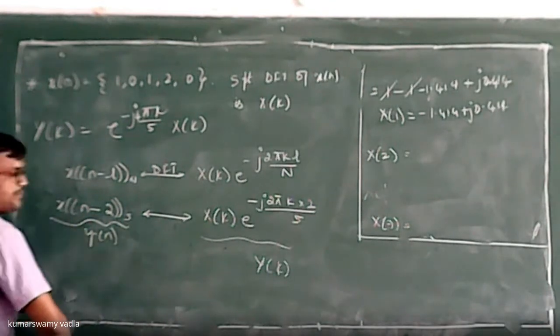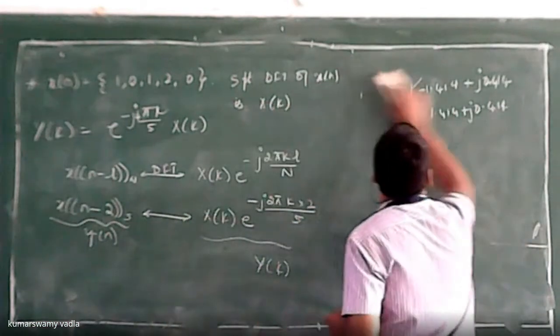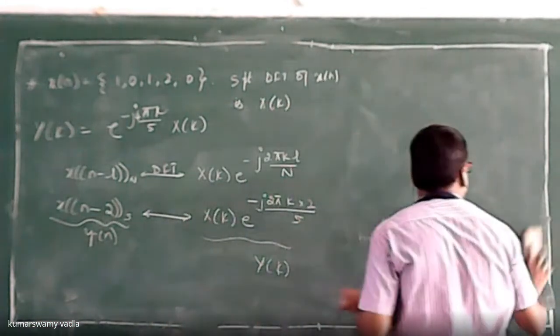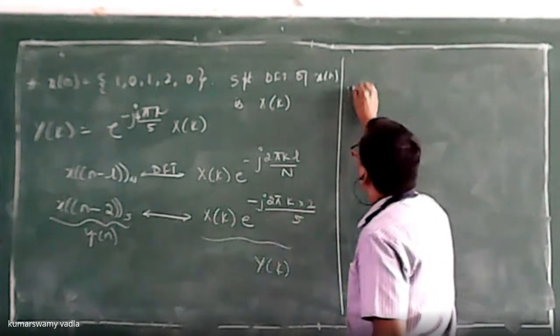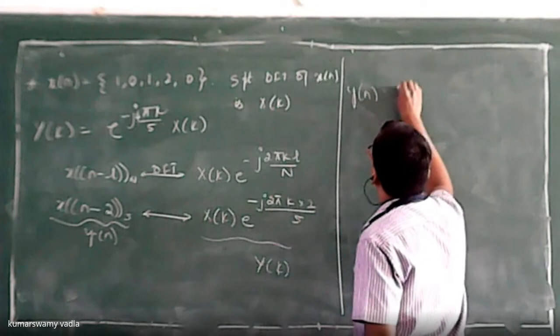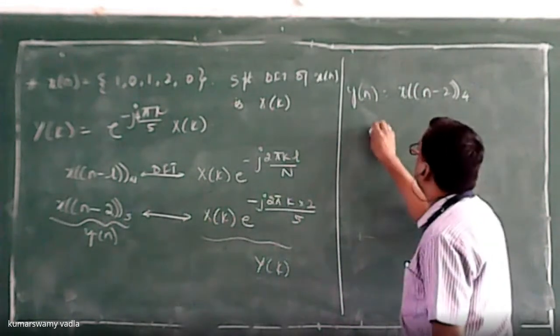So what is y of n? y of n is nothing but x of n shifted by 2 places, so y of n equals x of n minus 2 modulo 4.